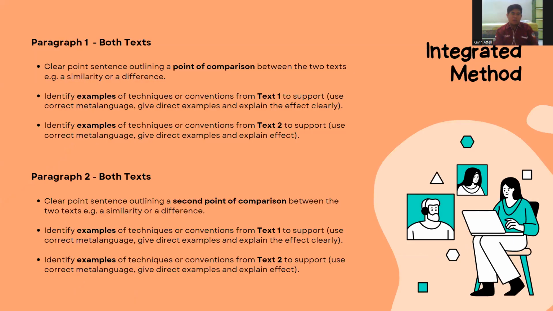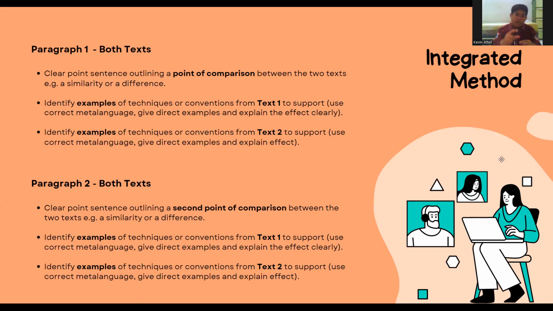So this is the integrated method. As for the integrated method, in paragraph 1, not just text 1 first and then text 2, no, we are going to focus on both texts at the same time. So we have a clear point sentence outlining a point of comparison between the two texts, an example of a similarity or a difference.